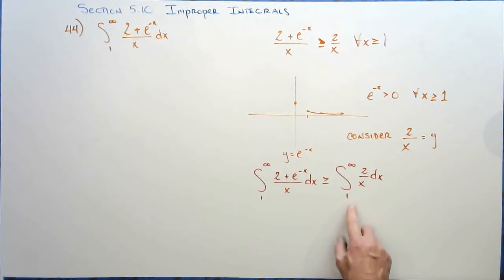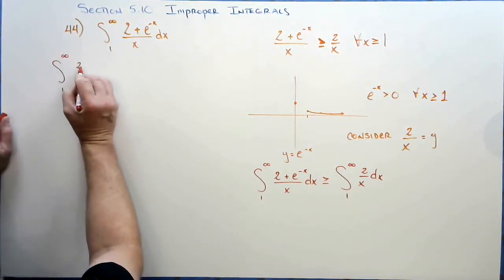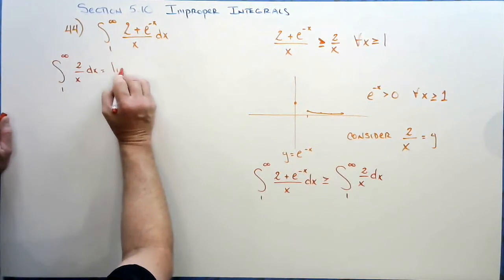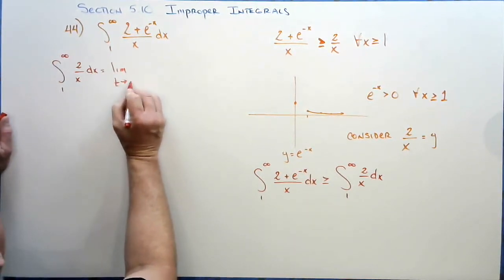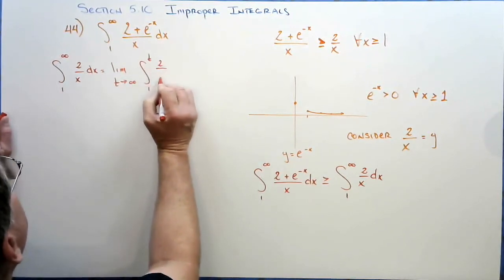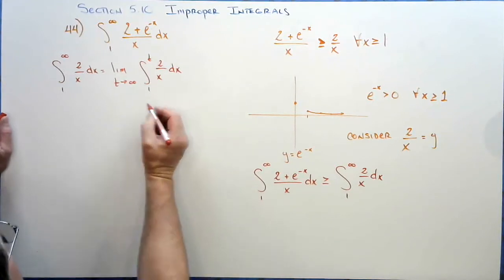So we're going to evaluate this integral right here. We're going to rewrite this as the limit as t approaches infinity, because it's an improper integral. We can integrate 2 over x. We know that's the natural log of x.